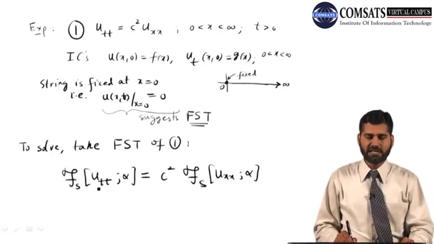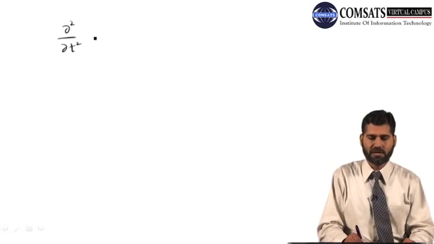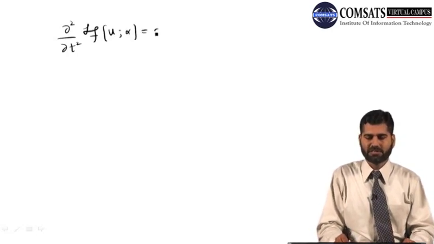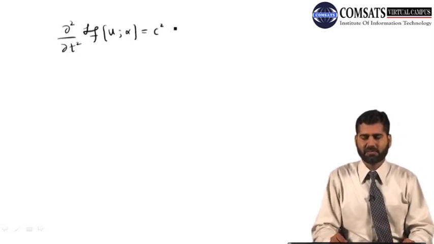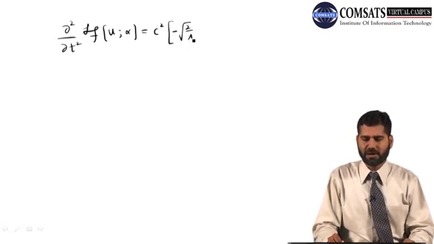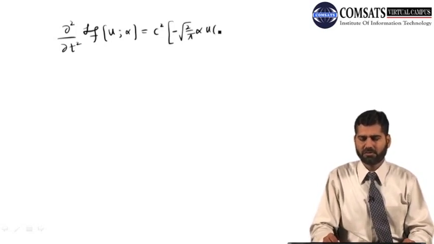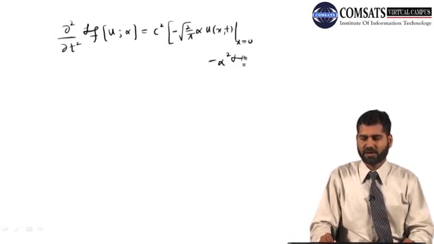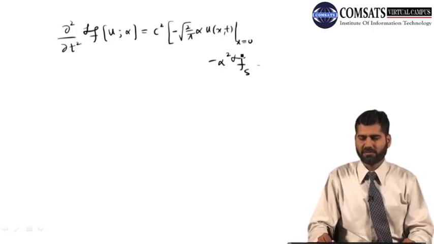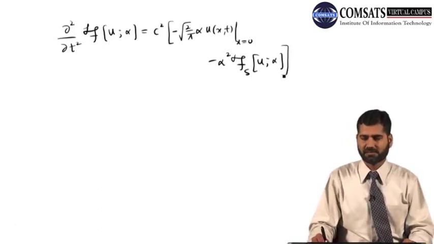Now u_tt becomes the second derivative, partial squared by partial t squared of the Fourier transform of u(alpha), is equal to c squared, and the second derivative, if you remember, Fourier sine transform was negative 2 by pi alpha u(x,t) at x is equal to 0, and then minus alpha squared Fourier sine transform of u(alpha).